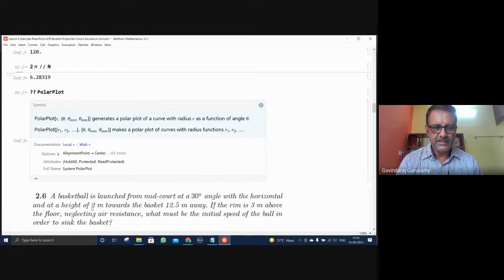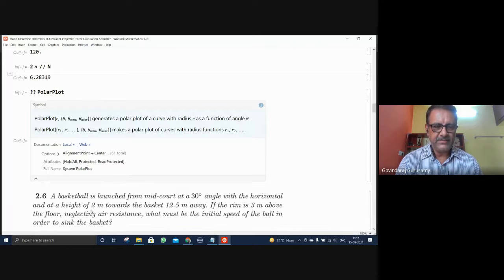The height of 2 meters is already given. This is for the vertical motion, and this is the initial height. This is going to be the final height, is it not? A person whose height is about 2 meters has the basket in front of him, about 12.5 meters away, at a height of 3 meters, which is the final height.